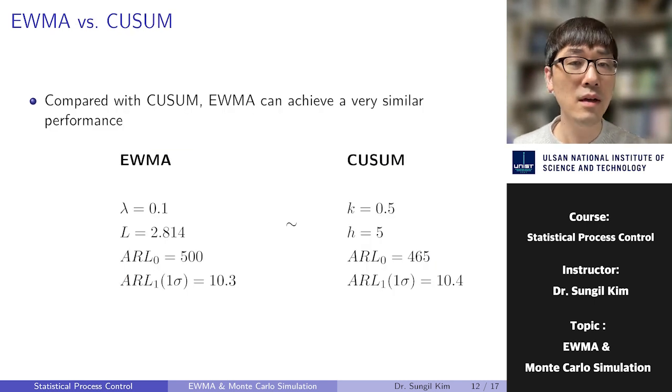For example, if we choose lambda 0.1 and L 2.814, then for a 1 sigma mean shift, we can expect ARL0 to be 500 and ARL1 to be 10.3 on average. In this way, we can find the CUSUM chart that yields similar performance in terms of ARL0 and ARL1. The corresponding CUSUM chart design would be K equal to 0.5 and H equal to 5.